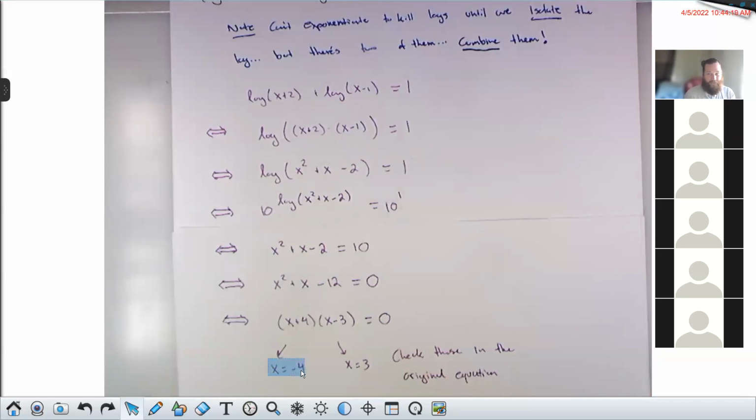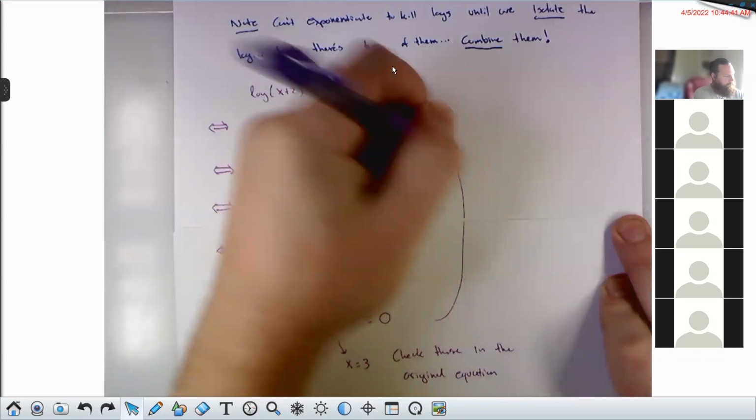It's not quite that simple. x equals 1 would also be an extraneous solution if I got 1 out, because x equals 1, although 1 is itself positive, would make this undefined, because the inside of the log, when you plug in 1, would be 0. So we check these in the original equation.